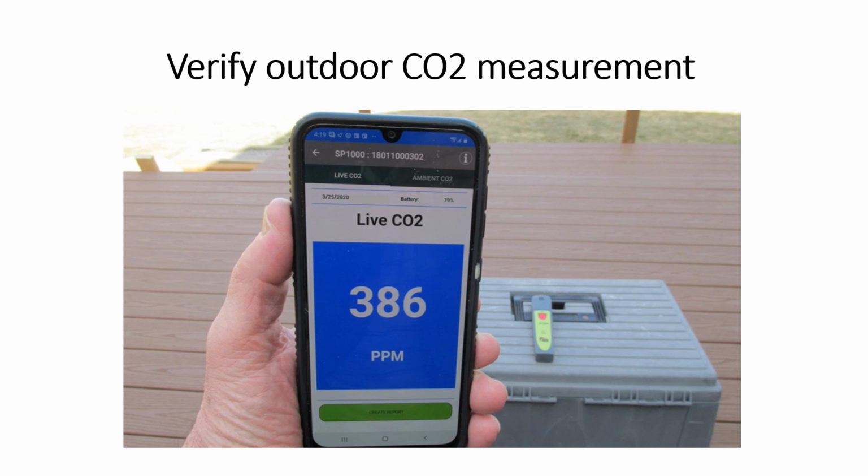So we place the smart probe outside on a little stool bench, and we're standing outside and we are measuring outside parts per million of CO2. Now this instrument's been calibrated to 400 parts per million of CO2 because that was the worldwide atmospheric measurement at the time of its manufacture. Now this has increased a little bit, but you need to know that this unit has a plus or minus 50 parts per million variance, plus 3% of the measurement.